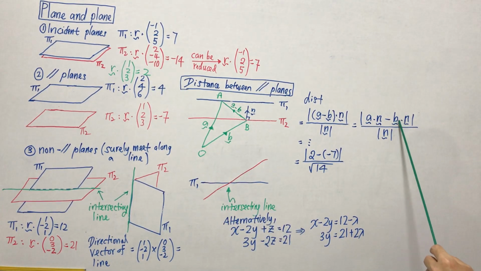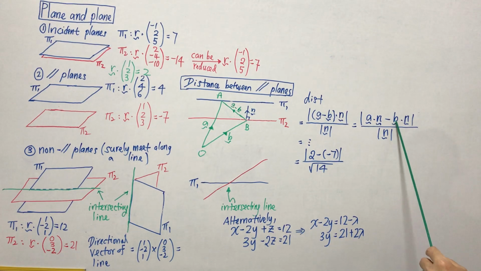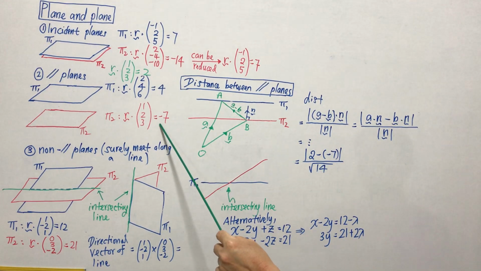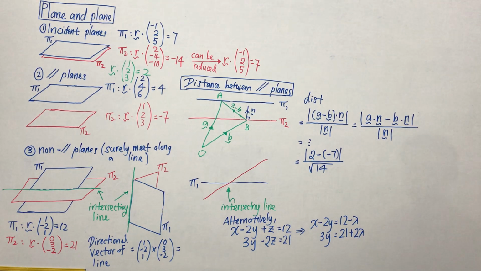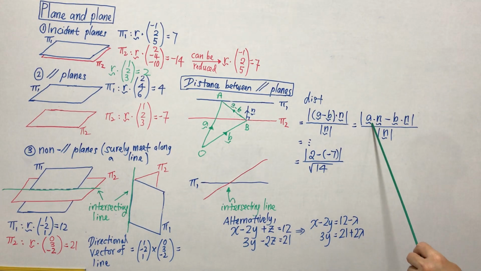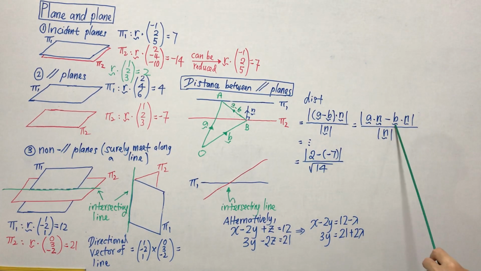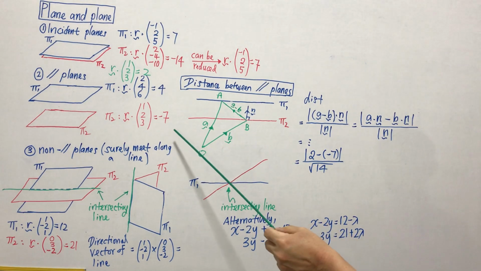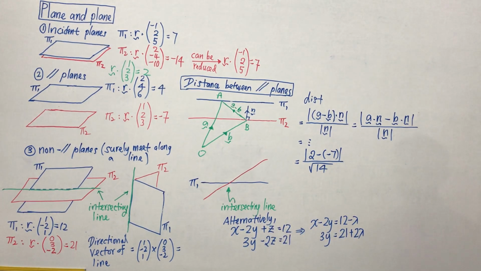If B is a point on the second plane, then B dot n will be equal to this number. So I put this number as 2 and this as minus 7 in this example. And there we are able to find the distance between the two planes in this very easy manner.